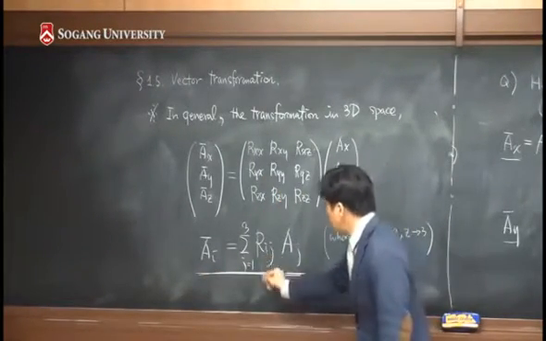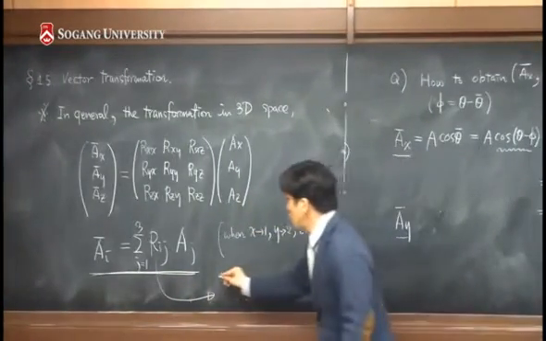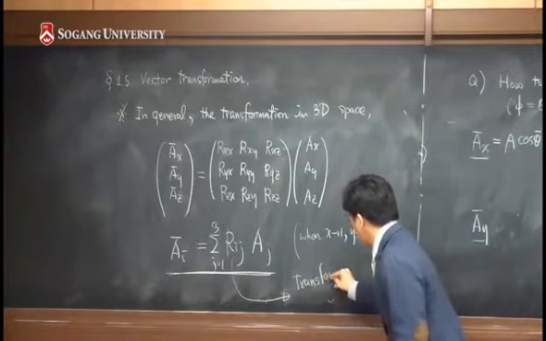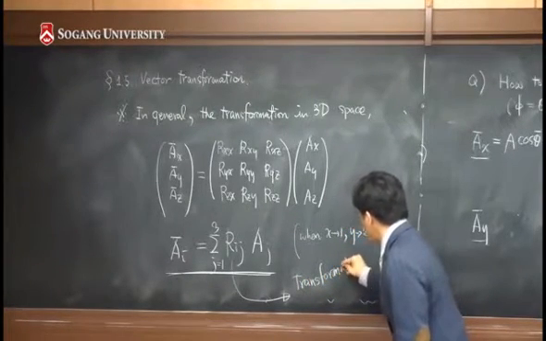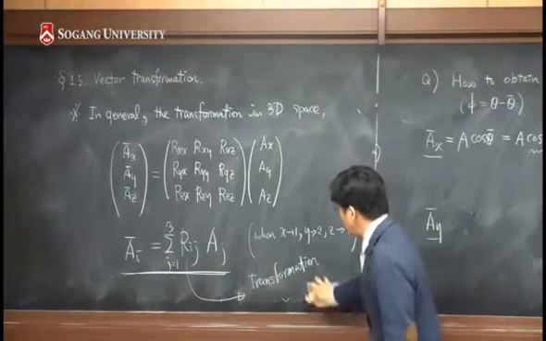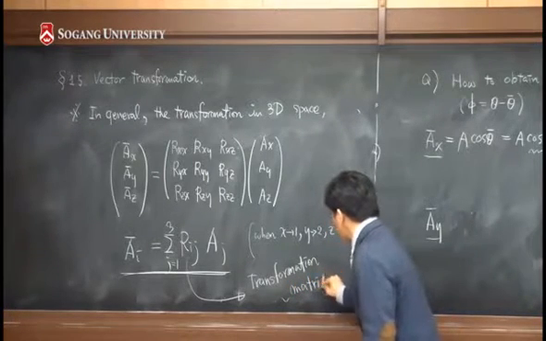And here, this R is the object which corresponds to the transformation, which we call the transformation matrix. Okay?